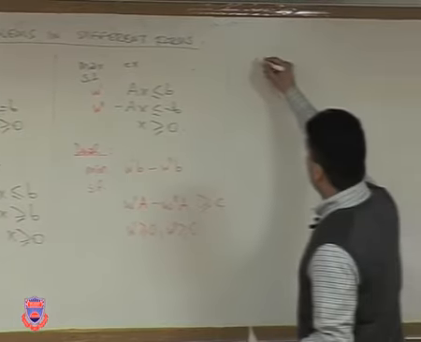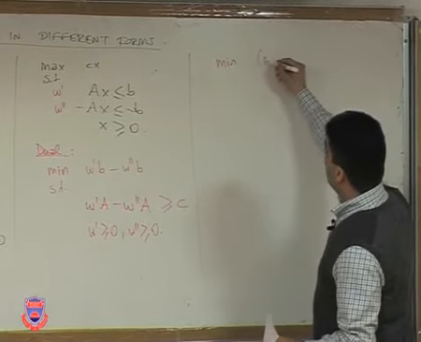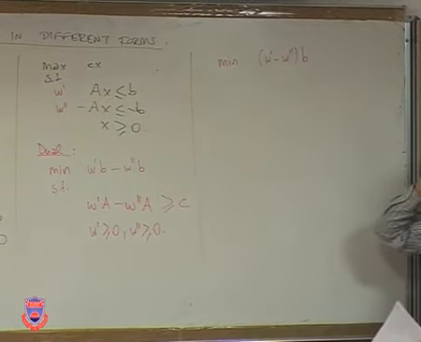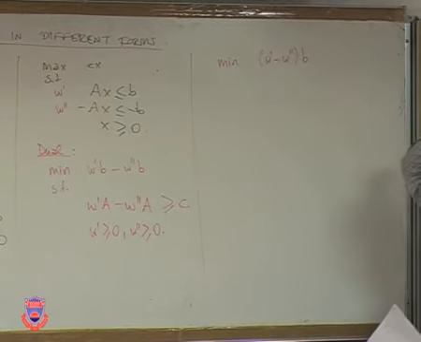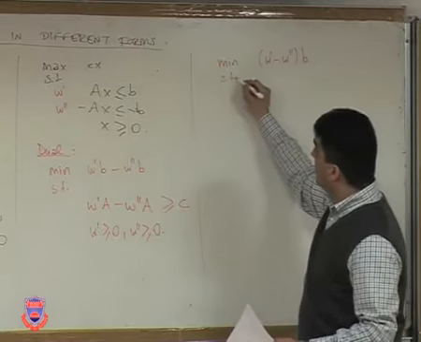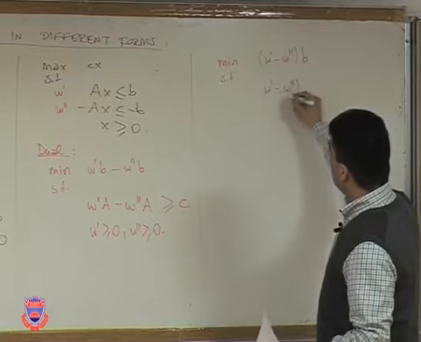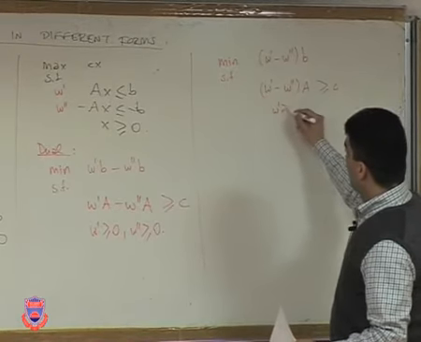So let me look at the objective function again. I can write the objective function as follows: W prime minus W double prime times B, basically, right? So that objective function is the same as this one. Okay? And similarly, if I look at the constraints, I can write this as W prime minus W double prime times A is greater than or equal to C. And W prime is greater than or equal to 0.